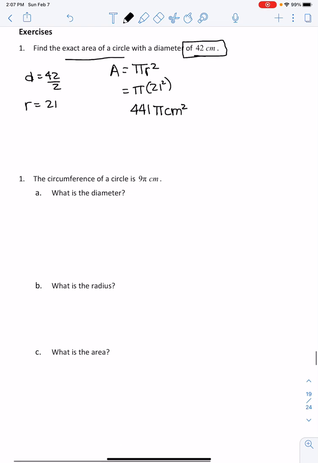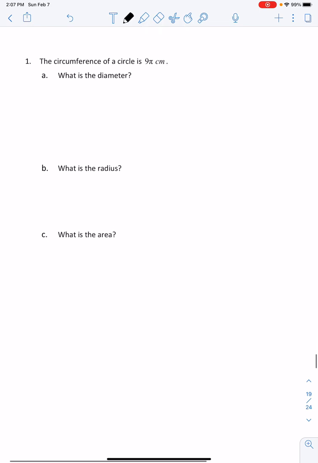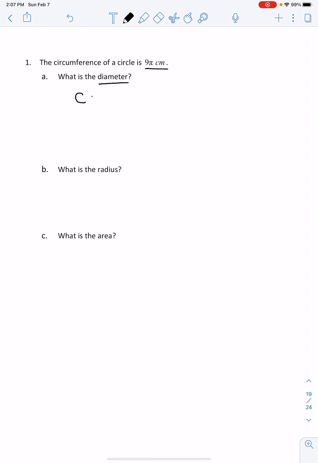Our next exercise is the circumference of a circle, which is 9 pi centimeters. We want to find out what our diameter is. So if I have our circumference, which is C equals pi d, we want to know our diameter. It's telling us our circumference, so we replace C with 9 pi.